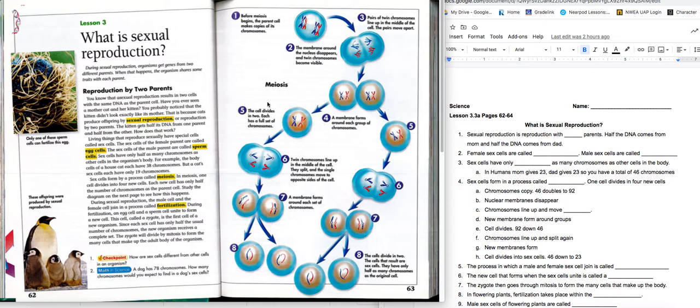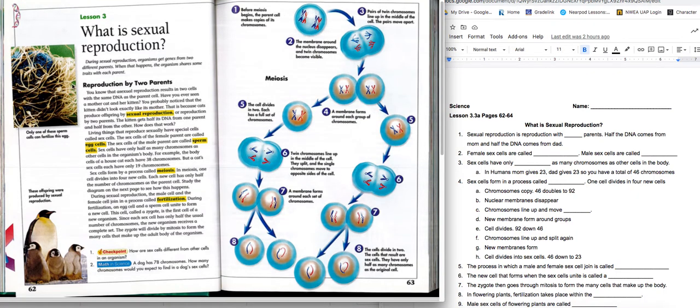So we're going to get started with this lesson today as we talk about these parents, and then we'll talk a little bit more about the science behind it so we can understand how it works. Here we go. You know that asexual reproduction results in 2 cells that have the same DNA as the parent cell. Have you ever seen a mother cat and her kittens?